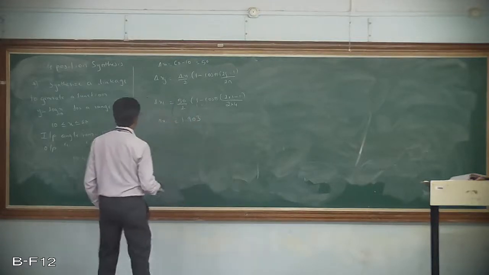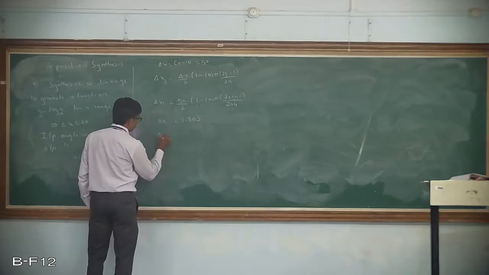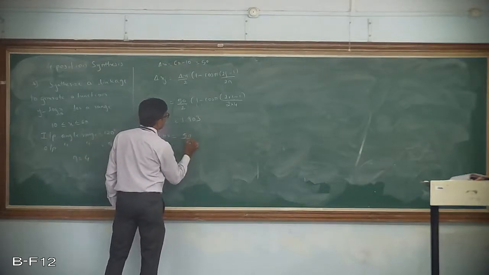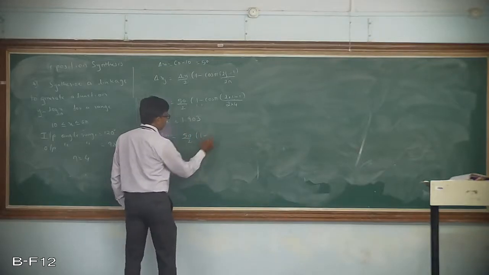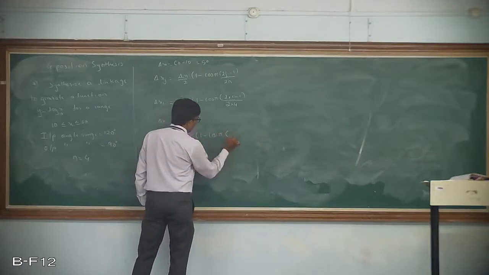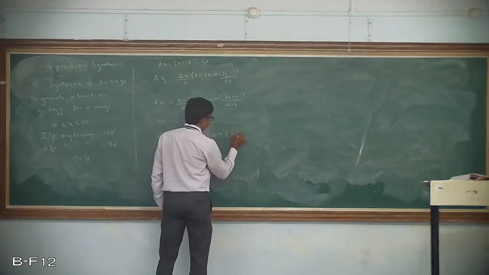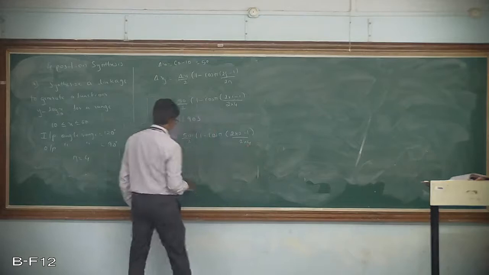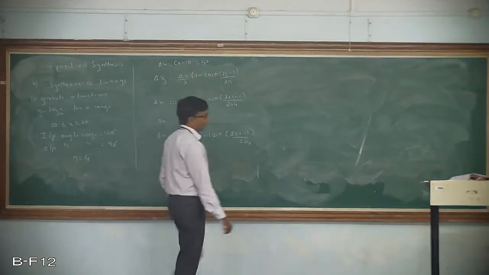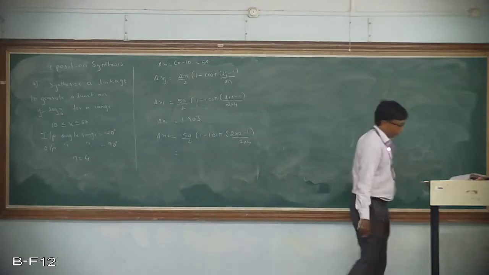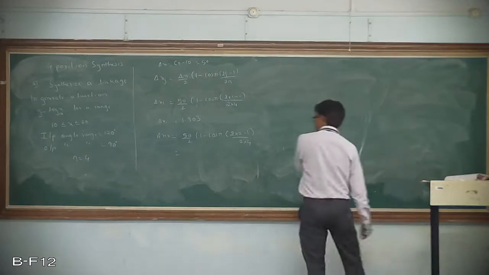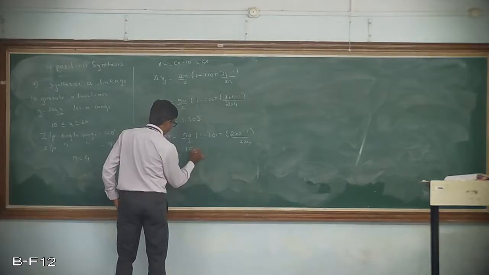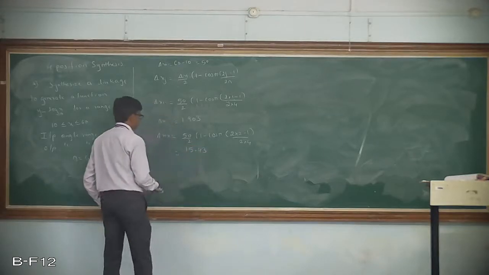Similarly, you have to find delta x2. Delta x2 will be the same formula, 50 by 2 into 1 minus cos pi into 2 into 2 minus 1 divided by 2 into 4. When you do this, we will be getting 15.43. So that is delta x2.